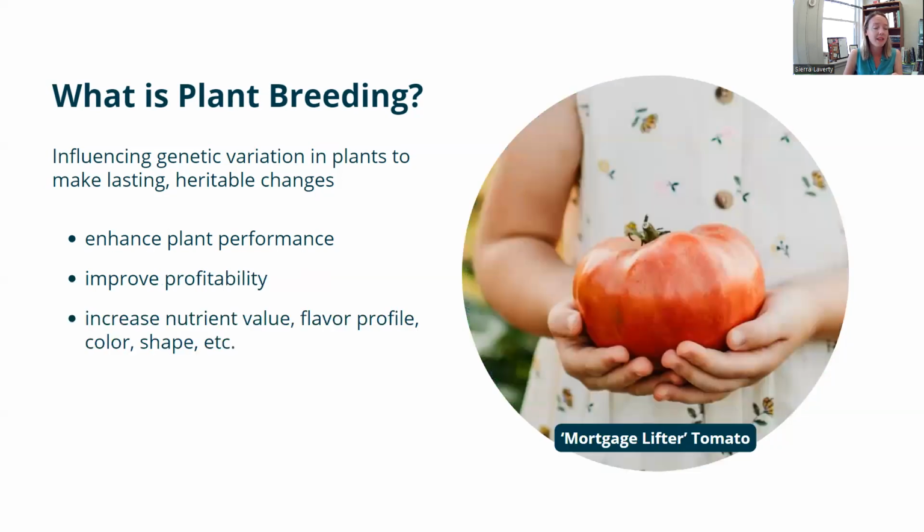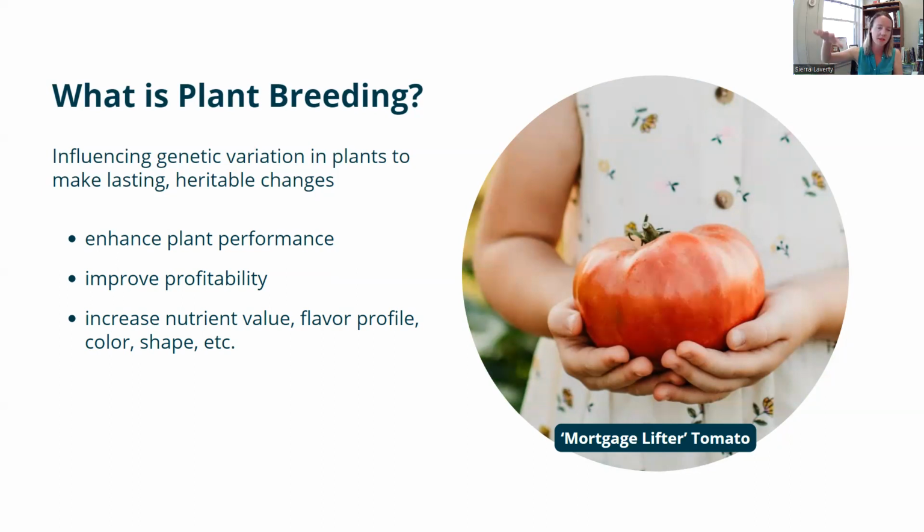You might breed a plant to have better nutrient value, or more flavor, or a specific type of acid flavor, or something like that. You might breed a plant to be a specific color. Maybe you want this color flower, or this color leaf, or this color needle if it's a conifer, right?